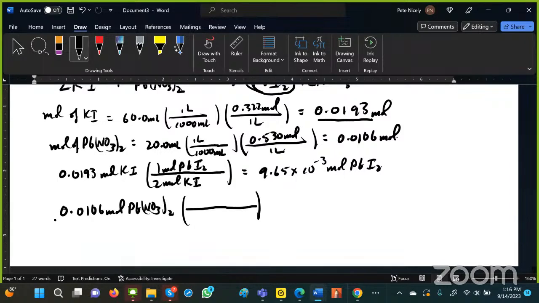So I'm going to put 1 mole of Pb(NO3)2 below, and 1 mole of PbI2 above. All right, and that will give 0.0106 moles of PbI2. Okay, and then what?